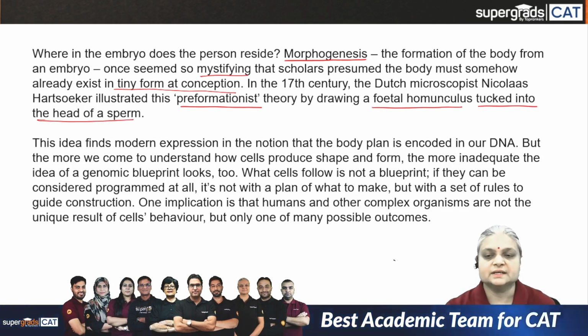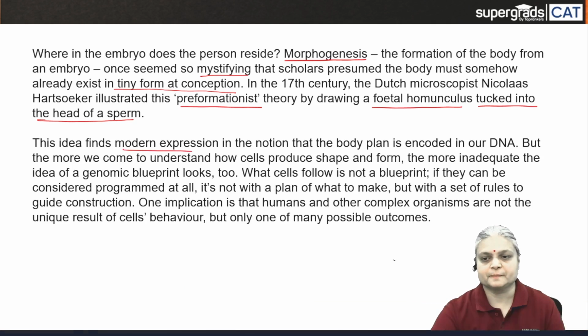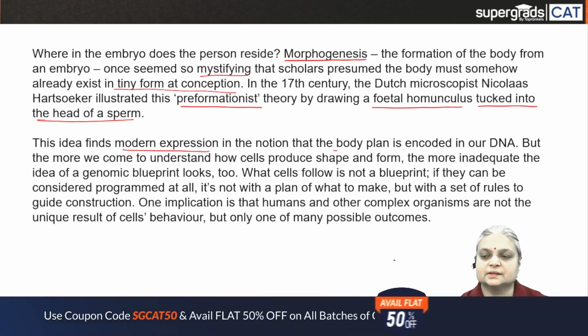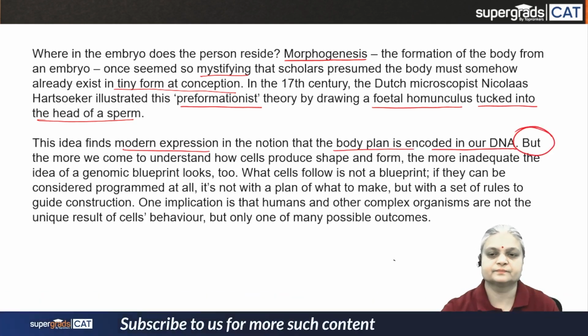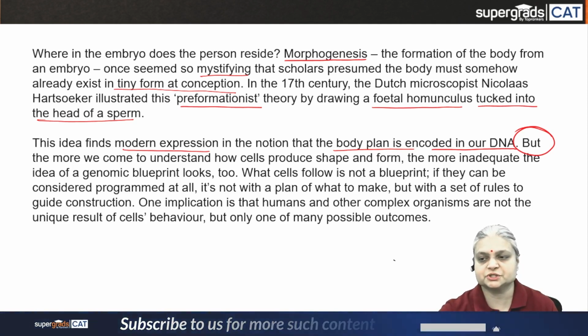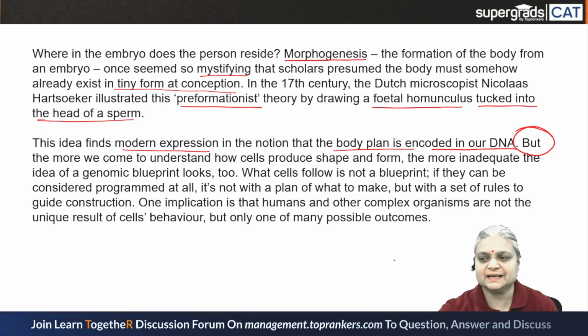This idea finds modern expression in the notion that the body plan is encoded in our DNA. But the more we come to understand how cells produce shape and form, the more inadequate the idea of a genomic blueprint looks.